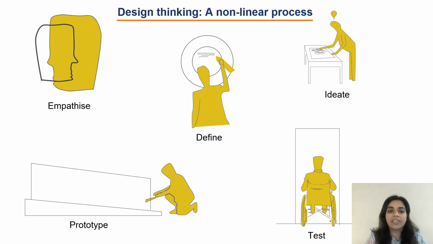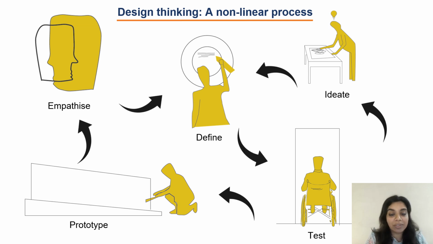However, this is not a linear process. It's crucial to revisit these stages as needed based on the defined problem in order to find strategic solutions that take the user needs into account.